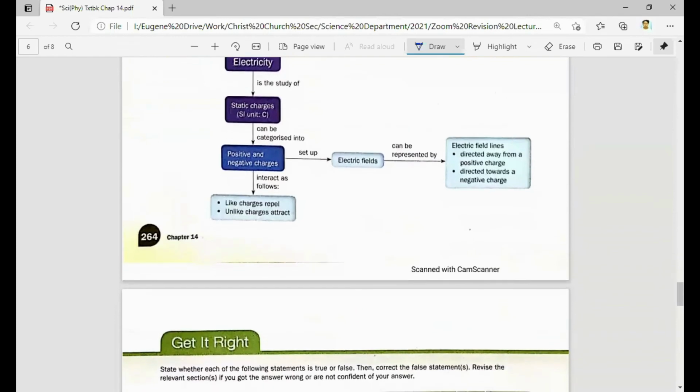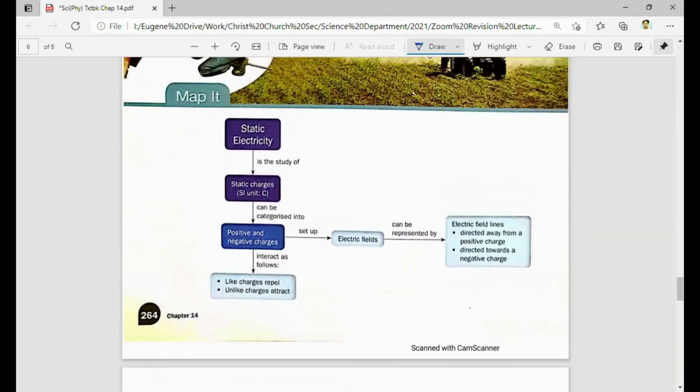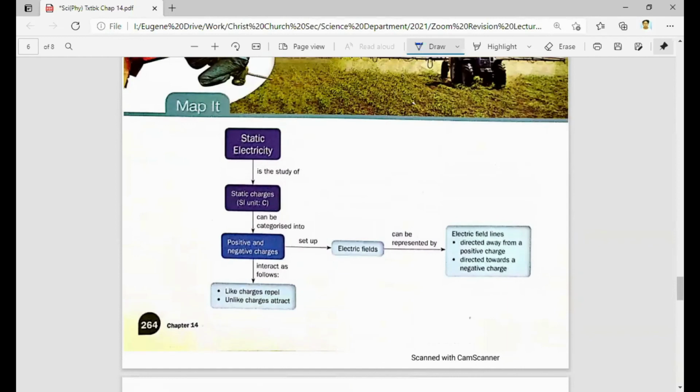Actually, that's all for this chapter. In terms of the map, what did we really cover? Static electricity: we talked about static charges, so it's just generally charges. They can be categorized into positive and negative charge. When you put them together, like charges will repel, and unlike charges will attract.